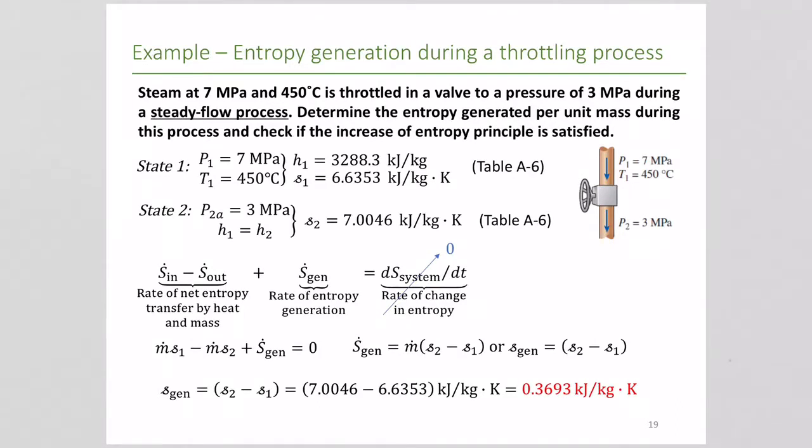Okay, so the next problem is entropy generation during a throttling process. This is how our device looks, a throttling valve, and the steam at 7 megapascal and 450 degrees C is throttled in a valve to a pressure, so inlet conditions are given and exit pressure is given, 3 megapascal, during a steady flow process.